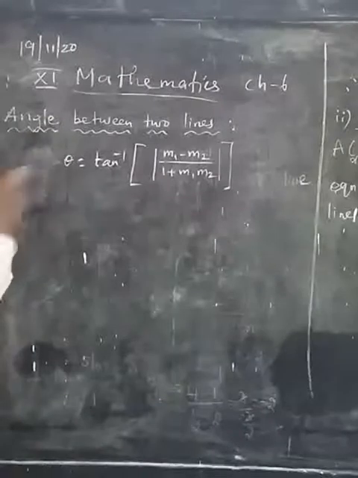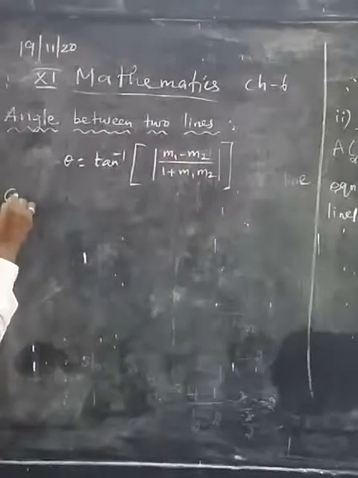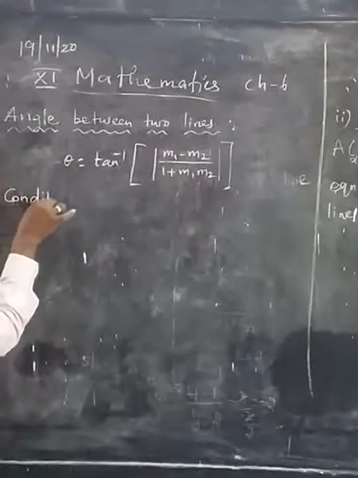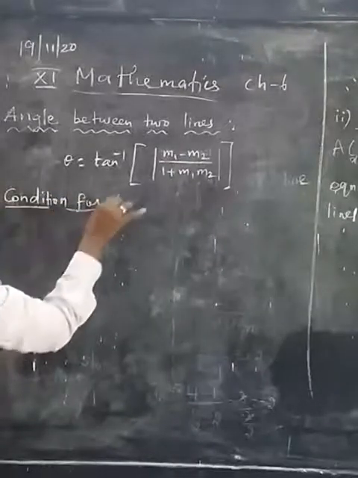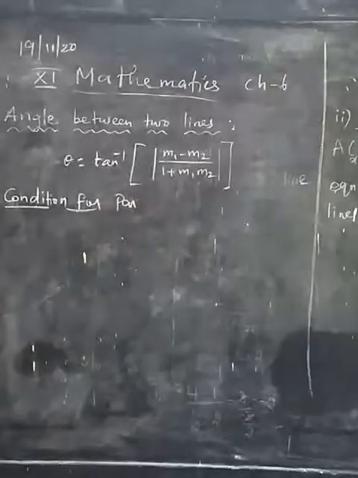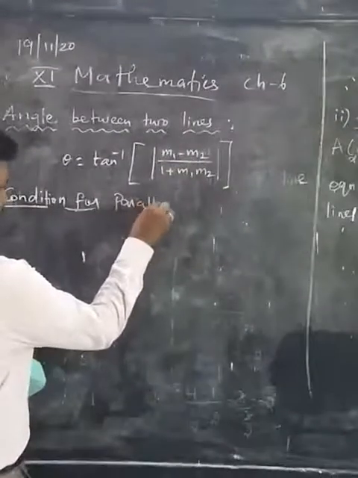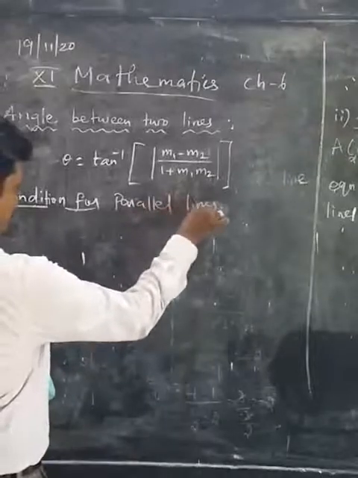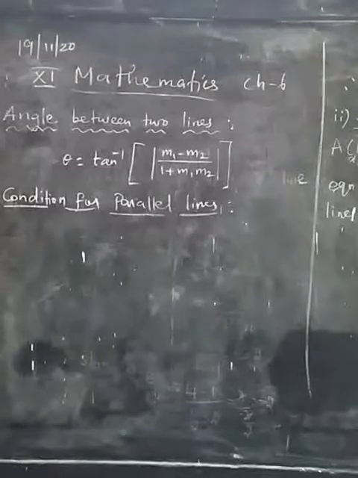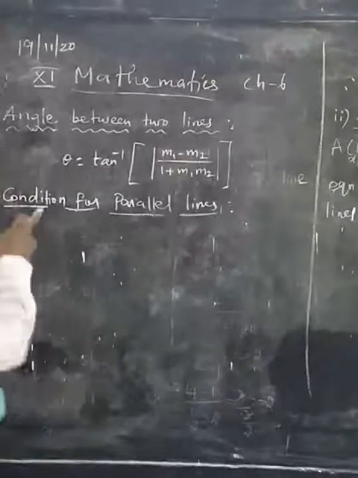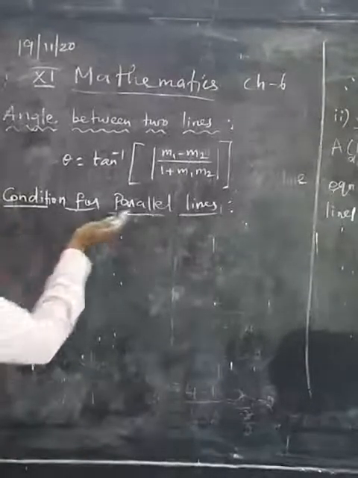Okay. The next thing, condition for parallel lines. You know very well what is meant by parallel lines. Best example is a railway track. So what is the condition for two lines to be parallel?